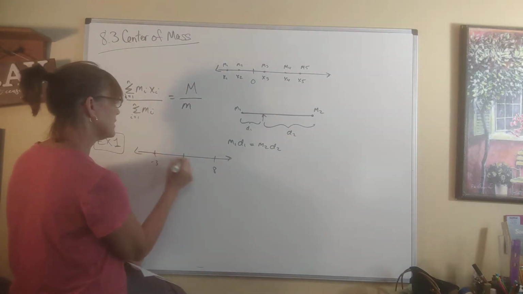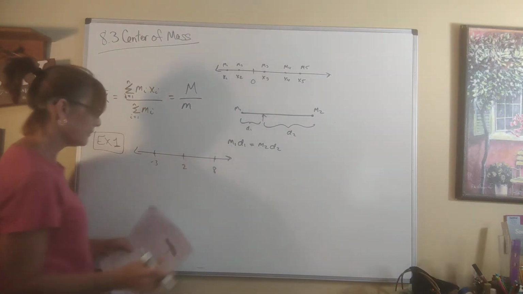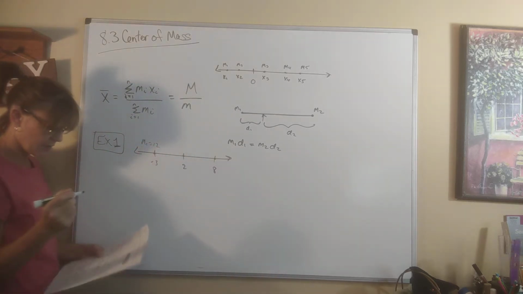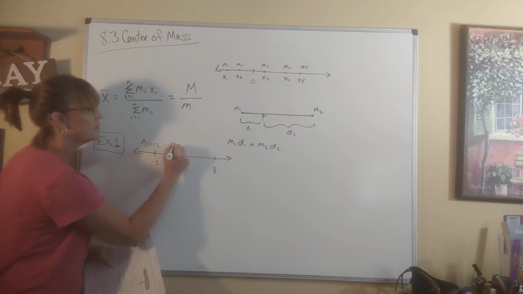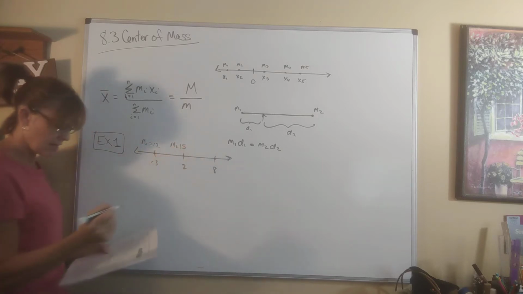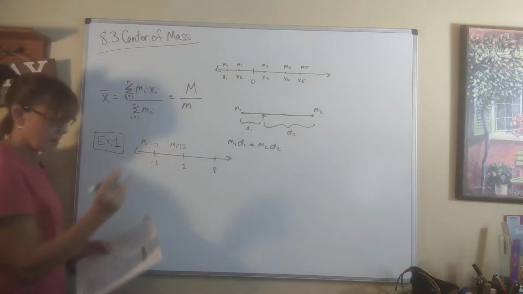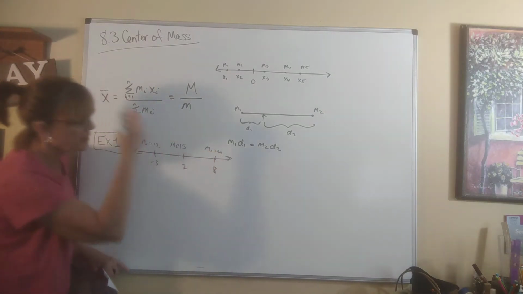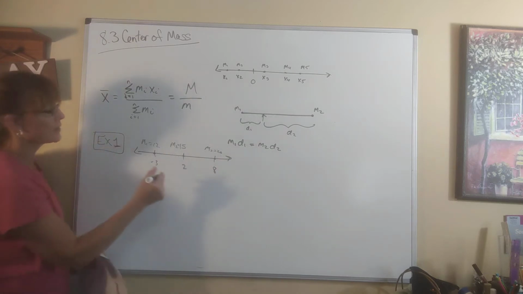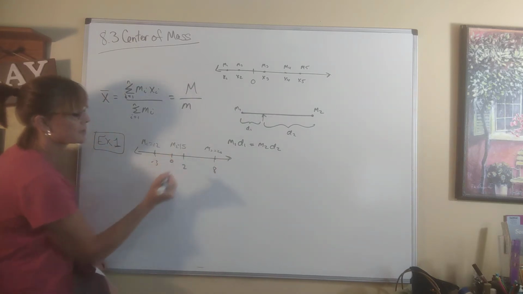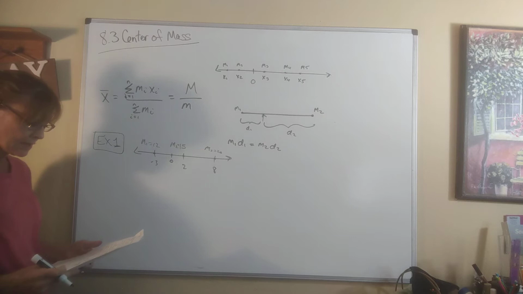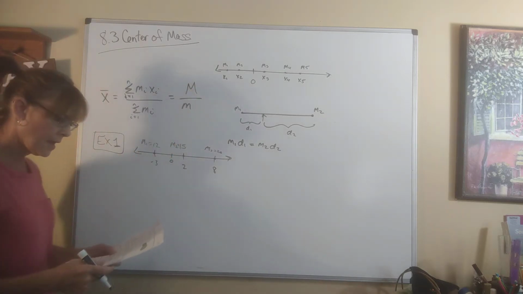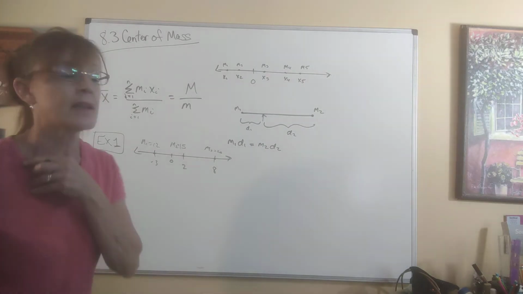At -3, we have M sub 1, which is 12. M sub 2 is 15. M sub 3 is 20. So we have these 3 masses at these 3 different locations. Let's say this is where 0 is. That makes me feel better to see it. Okay, so find the moment M about the origin and the center of mass x bar.